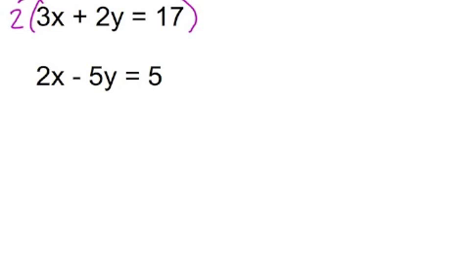That means that every single term is going to need to be multiplied by 2. So the top equation will now become 6x plus 4y is equal to 54.